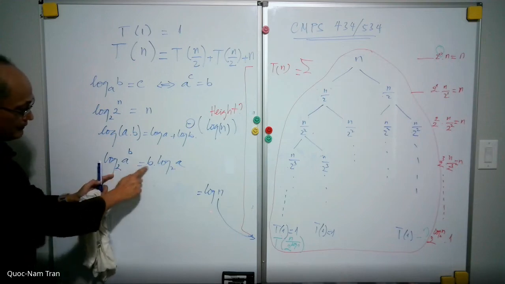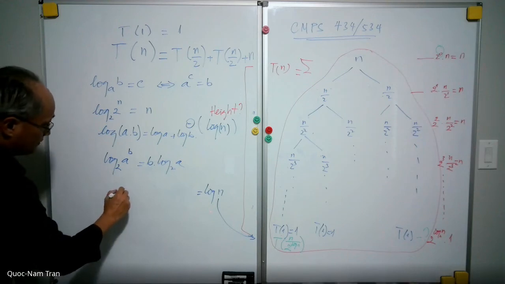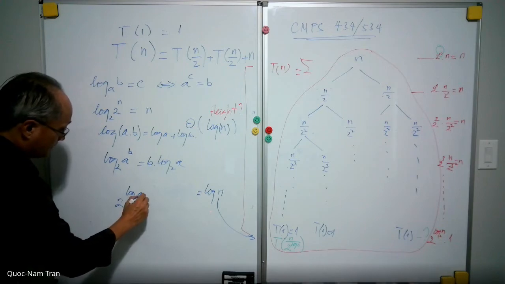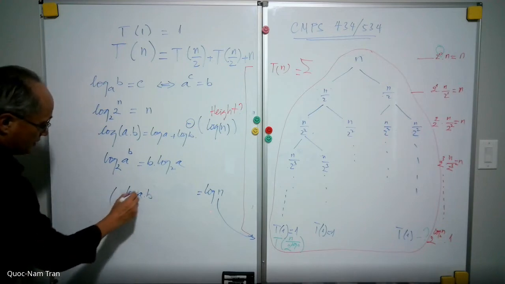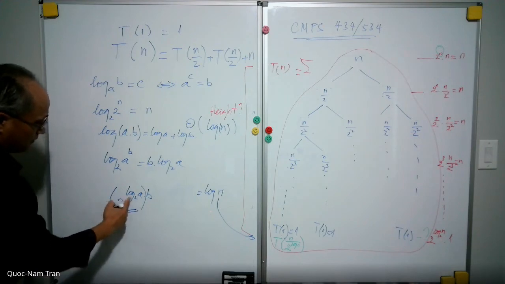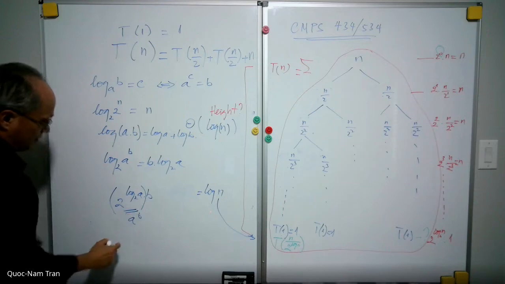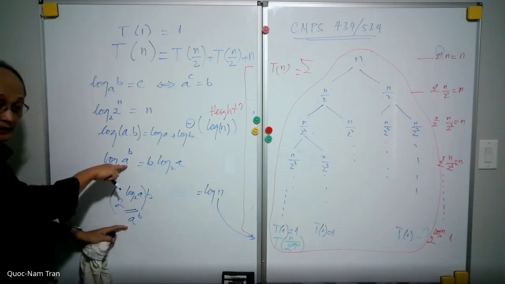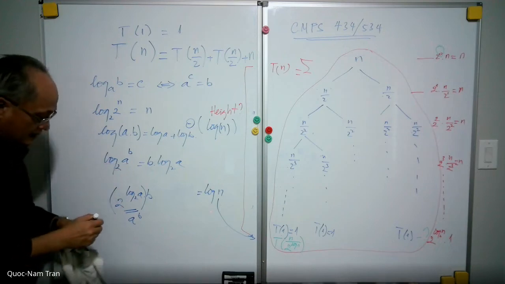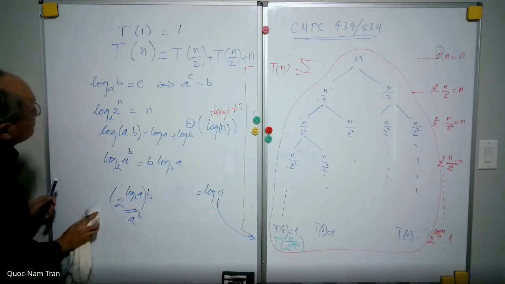If we have 2 power to the log 2 of A to the B, it is similar to this, right? And 2 power to the log 2 of A is A, so we have A power to the B. That is exactly what we have on the left-hand side here. So that is the formula.